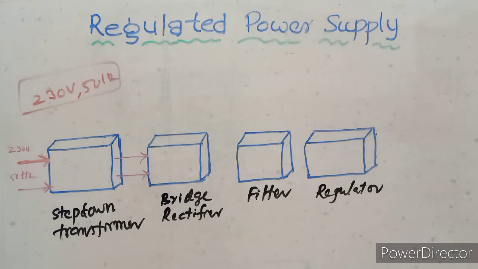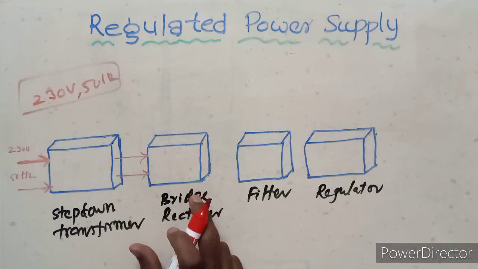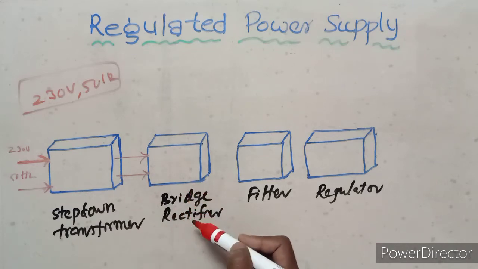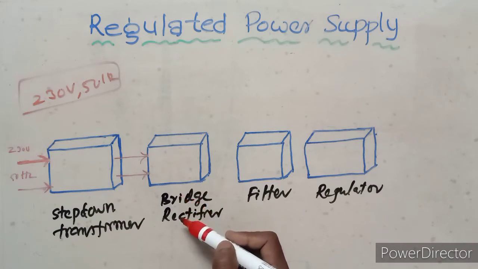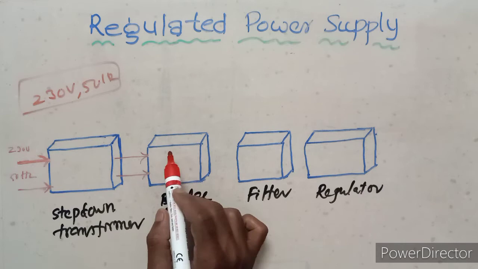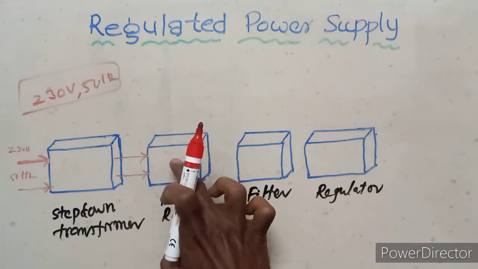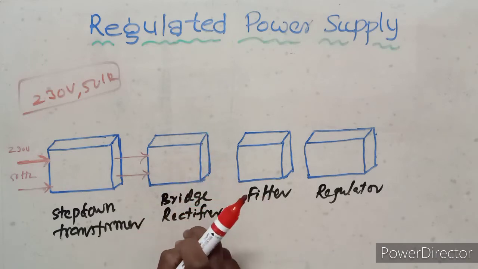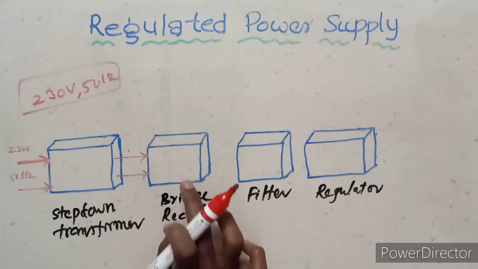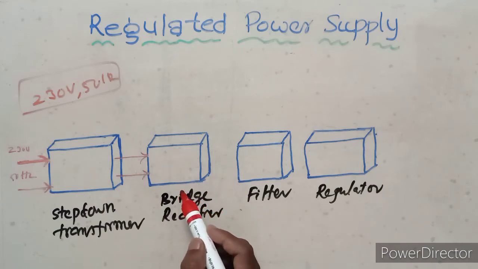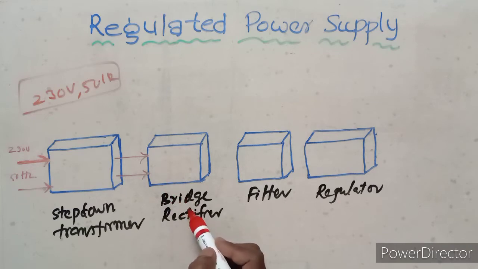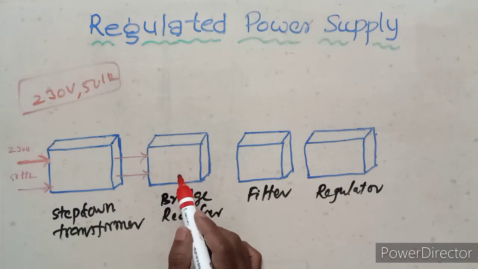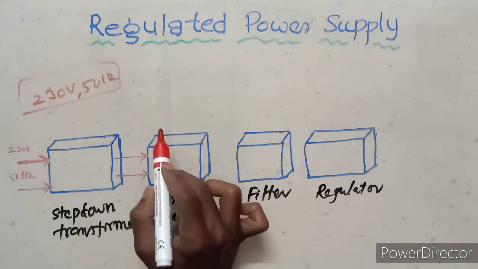Okay, next. The bridge rectifier is an electronic circuit consisting of diodes, which carry out the rectification process. What is the rectification process? The rectifier circuit converts the AC voltage into pulsating DC.